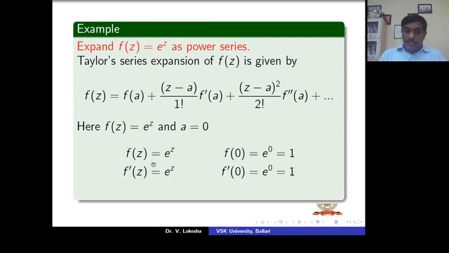First, the given function is f(z) equals e to the power z. The derivative is f dash z equals e to the power z. f(0) becomes e to the power 0, which is 1, and f dash 0 is also 1. We also know that the nth derivative of e to the power z is e to the power z only, so the value is continuously 1, 1, 1, up to the nth derivative.